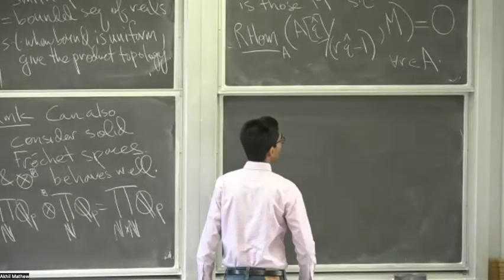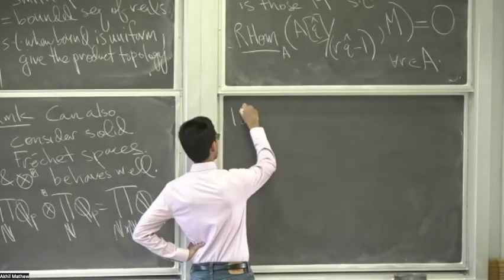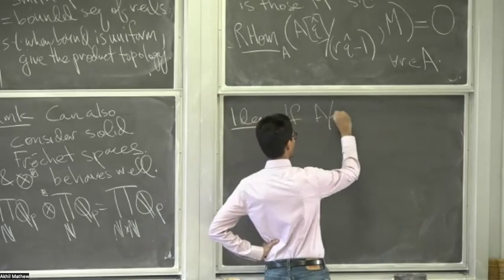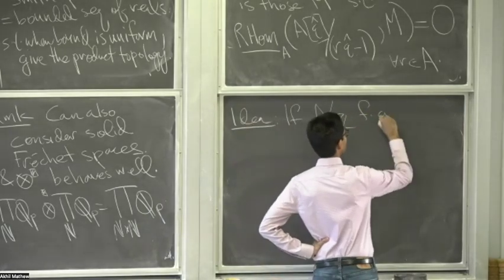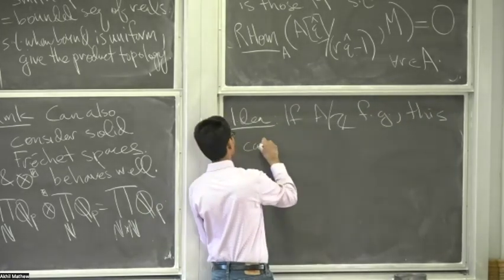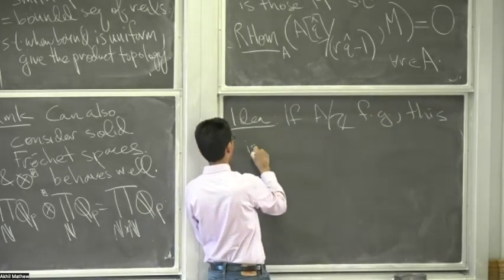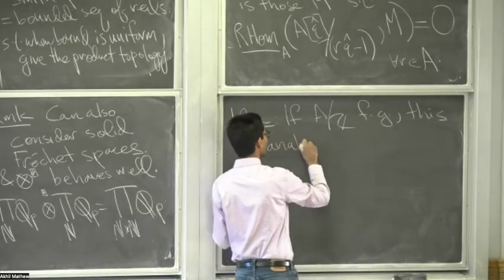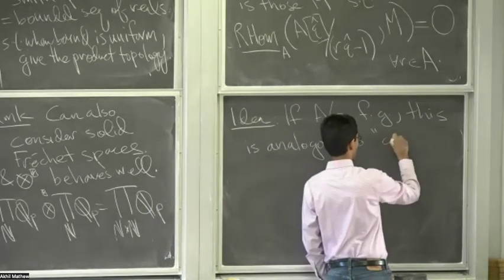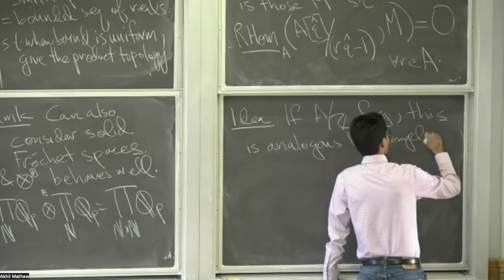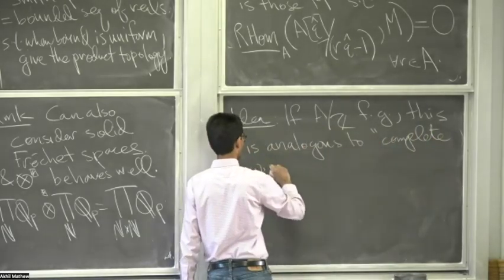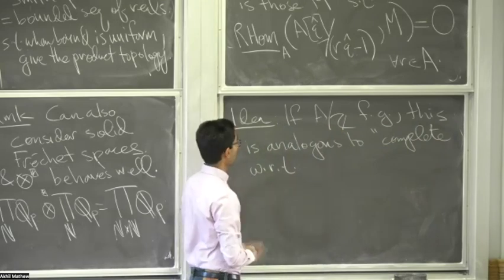If A over Z is finitely generated, this captures the idea, analogous to being complete.